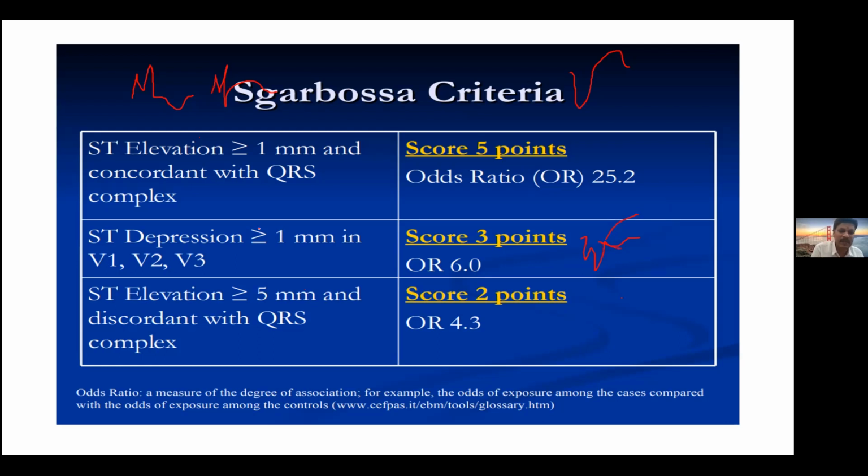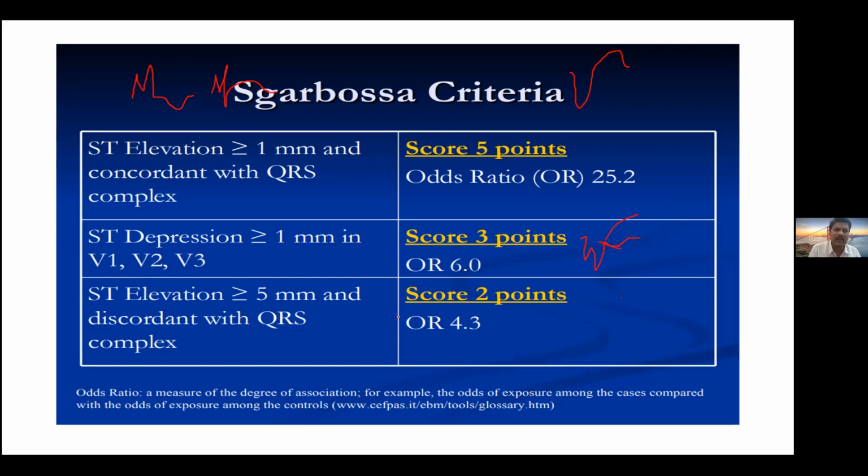So ST depression more than 1 millimeter in V1, V2 in LBBB, we think it is an acute MI. ST elevation concordant in RBBB or LBBB in V5, V6, or ST depression on the same side in V1, V2 in LBBB, then it is abnormal.